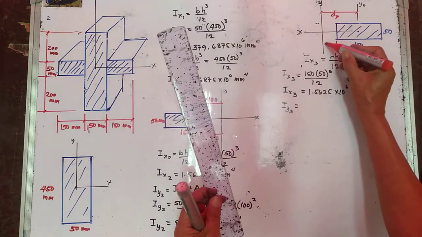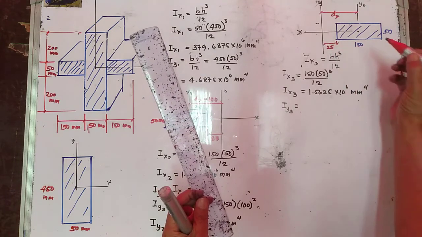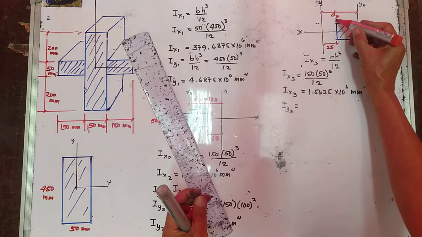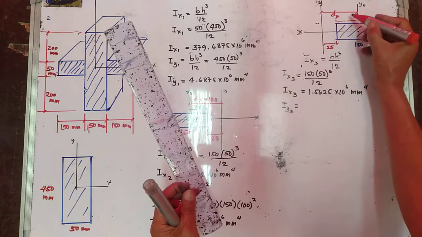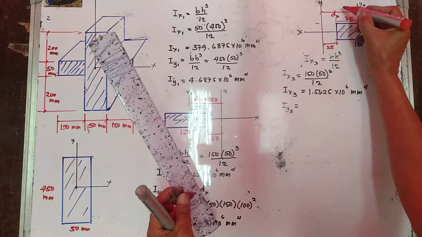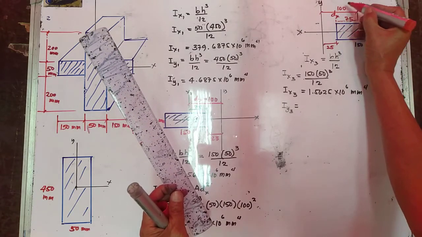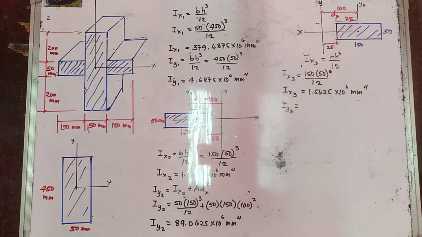This distance is 25 millimeter and this distance up to that is 75 millimeter, so 25 plus 75, your dx is 100 millimeter.